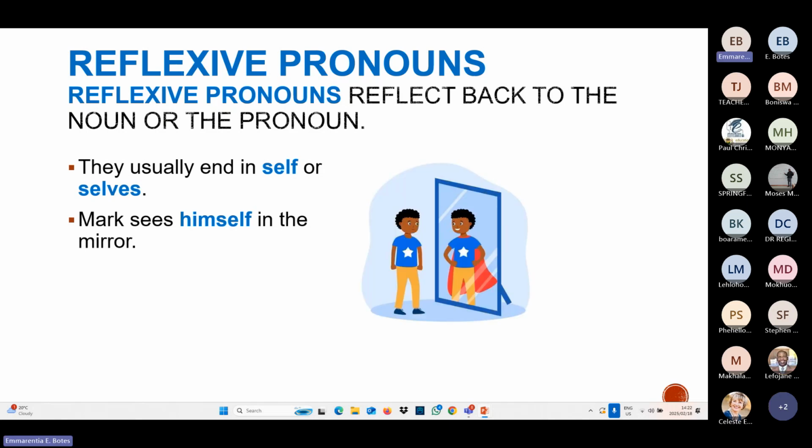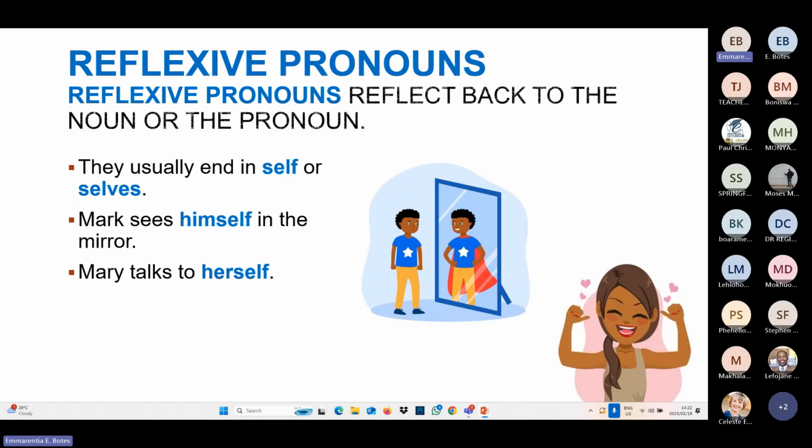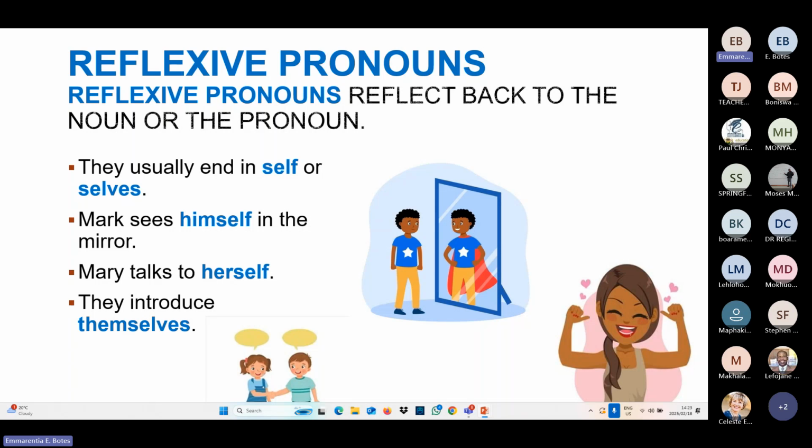Himself is the reflexive pronoun and that reflects back to the noun. Mary talks to herself. Herself, reflexive pronoun, which reflects back to the noun. Plural, they introduce themselves. So themselves there is the reflexive pronoun that's reflecting back on the personal pronoun.